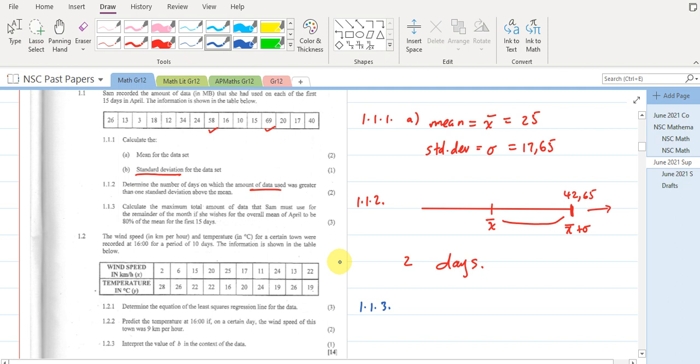Okay, what's the mean of April? The mean for the first 15 days is 25. She wishes for the overall mean of April to be 80% of the mean. What is 80% of the mean? So 0.8 of 25, you get the new mean. All right, 0.8 times 25.